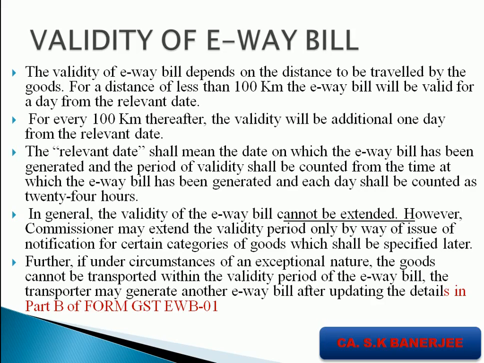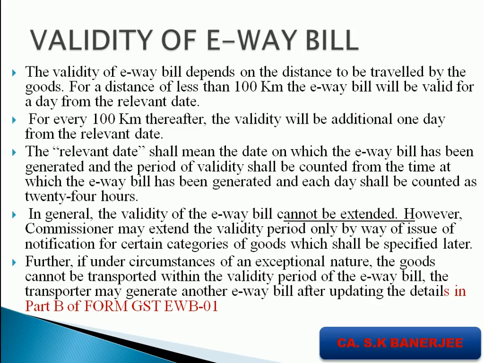Now the validity of e-way bills cannot be extended generally. However, the commissioner may extend the validity period only by way of a notification, in certain categories of goods which have not yet been specified.